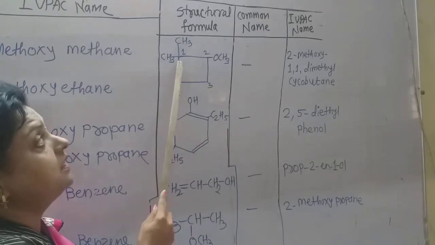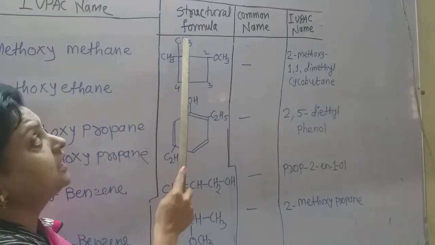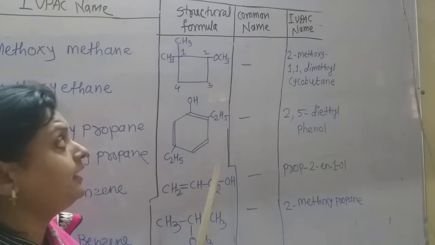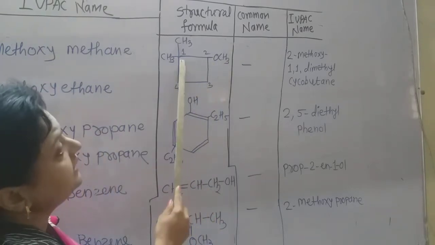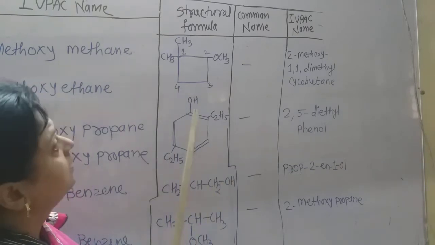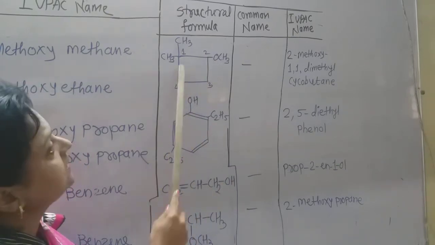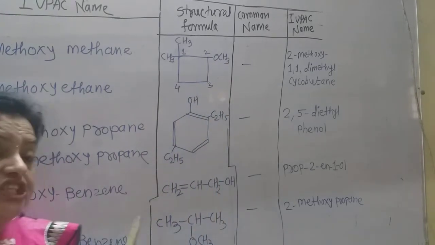Why is the numbering given from this carbon atom? Because there are 2 substituents on the first carbon atom, and on the second carbon atom there is the methoxy group. So the numbering is from this side. Now give the numbering to the ring carbons, as 1, 2, 3, 4. There is no common name for such ethers.